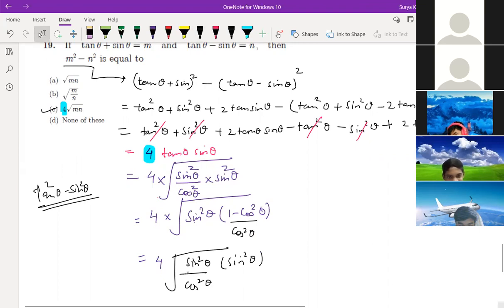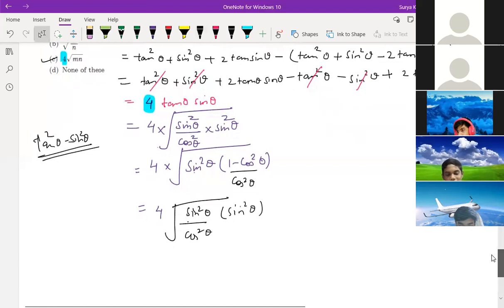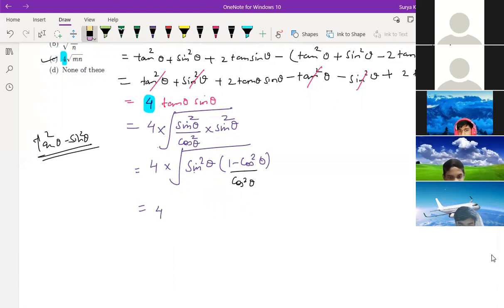Sir, in the first step you wrote sine square theta by cos square theta. It's coming the same, right? Yes, sir. I got the solution. It will just be root over of sine square theta by cos square theta minus sine square theta. How?